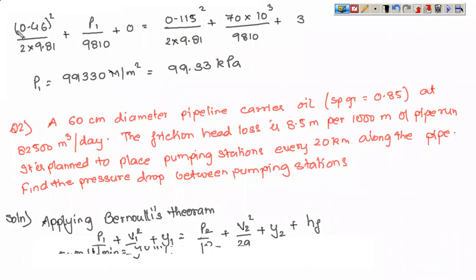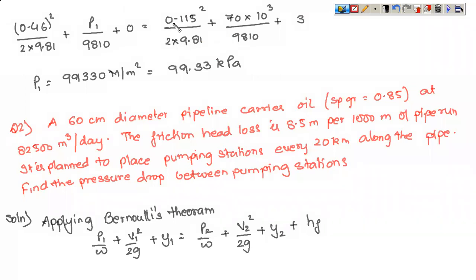Now apply Bernoulli's theorem. It says that 0.46 whole square, this is entry velocity, divided by 2 into 9.81, plus this is the entry pressure, which is denoted by P1, divided by 9810, which is the specific weight of water, plus 0 because the entry height is 0.